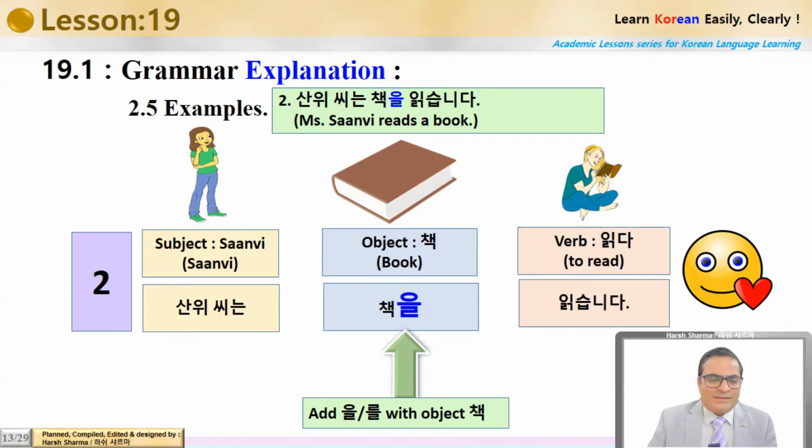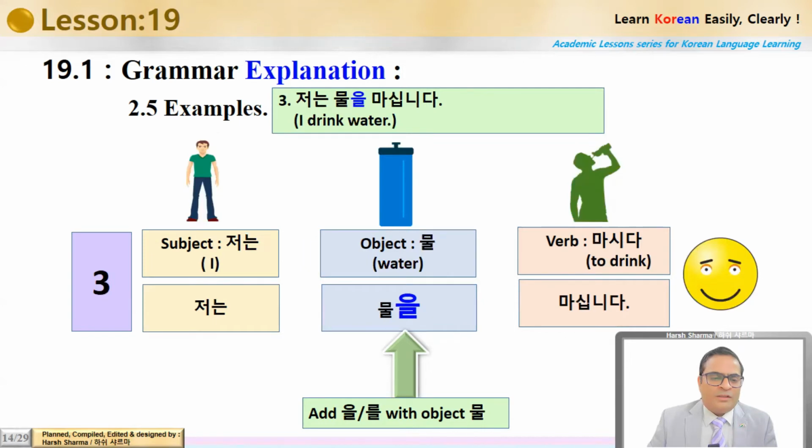Now let's check one more example. Number 3, Chonan mural mashimnida. Chonan, you know, subject I. Object is mul. Mul is water. Mashida, to drink. So where will I add the object particle with the object mul? See, there is a pachim.